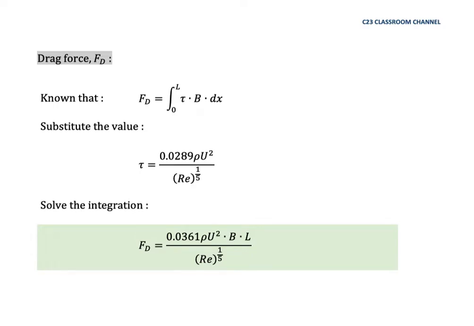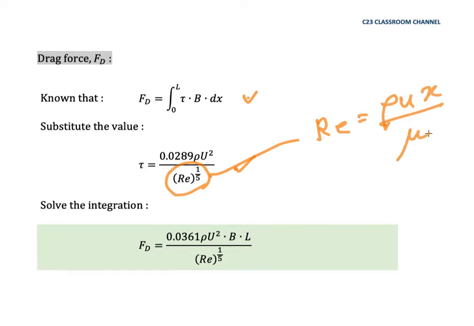And then we could calculate the drag force. This is the idea of the drag force. We substitute the value of tau, and then we do the integration. Bear in mind that the Reynolds number is rho u x over mu, so you need to expand the Reynolds number here because we need to integrate over dx.